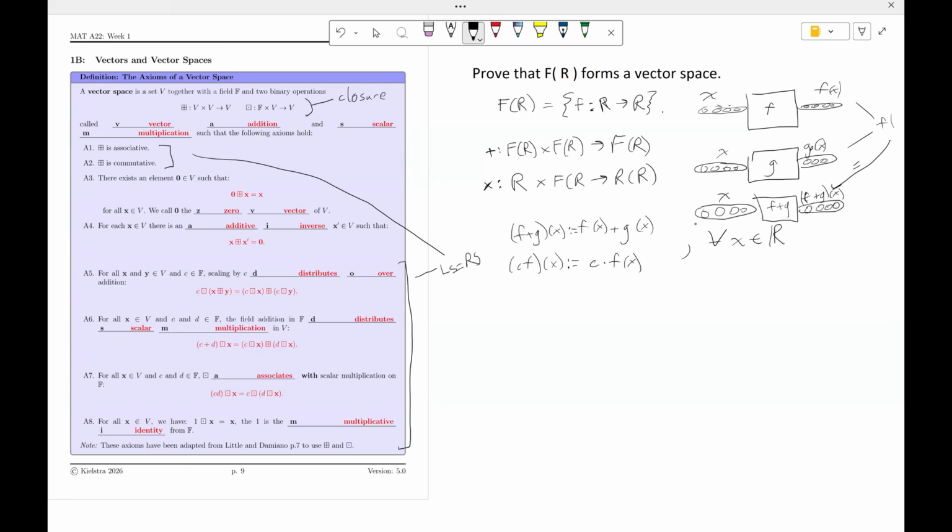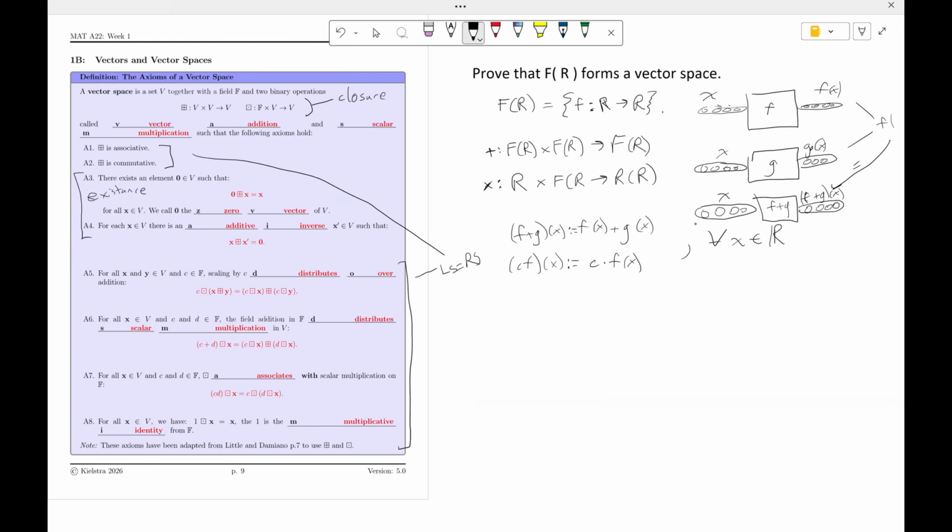And we have two existence statements. So to prove this forms a vector space, we have to show it satisfies closure. We have to show that it satisfies left side equals right side for these six statements. And we have to show that there exists our zero vector and there exists our additive inverse.